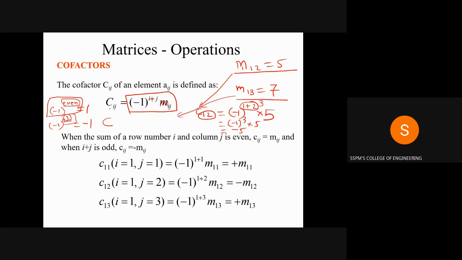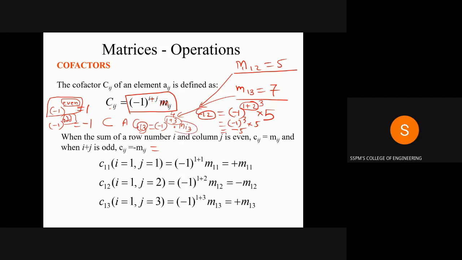For M13, the cofactor C13 is equal to what? Minus 1 raised to 1 plus 3 into M13. Minus 1 raised to 1 plus 3, that is 4, an even power, so it is 1.